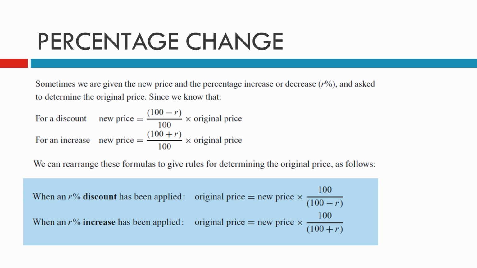However, it might be easier if you wanted to use the bits in the blue. So if there's an R% discount that has been applied, you can use this formula. Original price equals new price times 100 over 100 minus R. And if it's an increase, it's going to be plus. So same formula, but a plus. And these two here are exactly the same. If you have a look, one's a negative, one's a positive. So you can just keep doing those questions using those formulas.